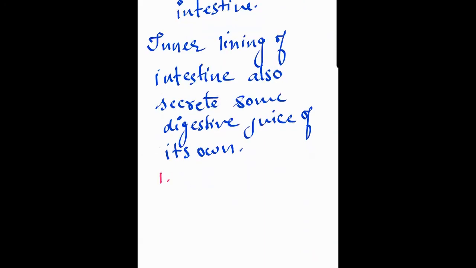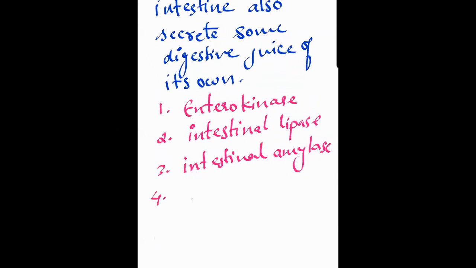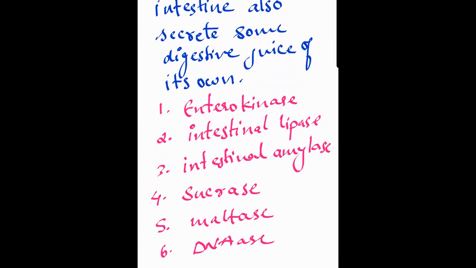The first one is enterokinase. Second one is intestinal lipase, intestinal amylase, and the fourth one is sucrase, maltase, DNase, nucleotidase.